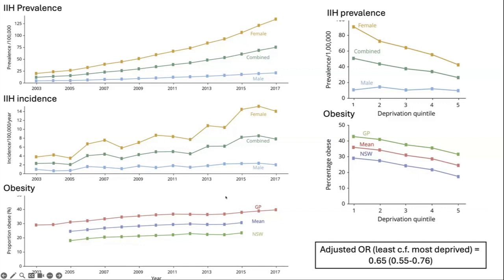But the link between IIH and deprivation is not just because of obesity, because we were able to adjust for that. In an adjusted odds ratio, even when you take BMI into account, there's a significantly decreased risk if you live in less deprived areas. So there is a link between deprivation and IIH even when you adjust for obesity, which I think was quite a new and significant finding.